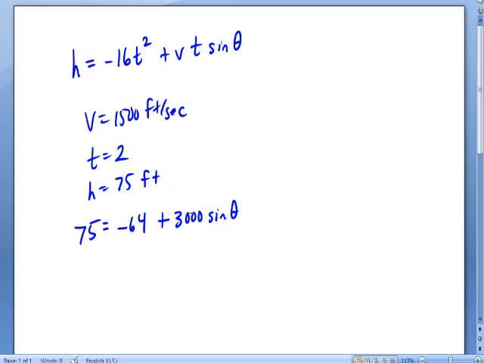Continuing on with the algebra, we would add 64 to both sides to get 139 equals 3000 times the sine of theta. Divide both sides by 3000.